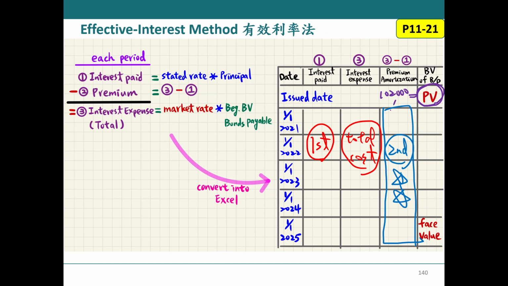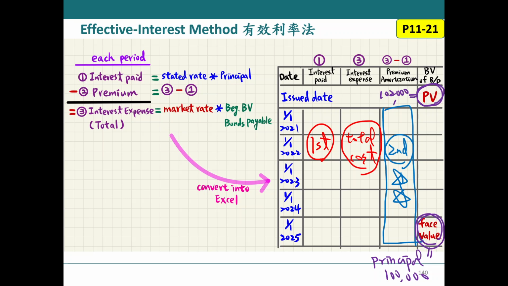Okay. Then on the last day, what's the number? $100,000, because at the maturity day, we promise to pay principal $100,000. So I know this number should be your principal. So it should be your promise, $100,000.